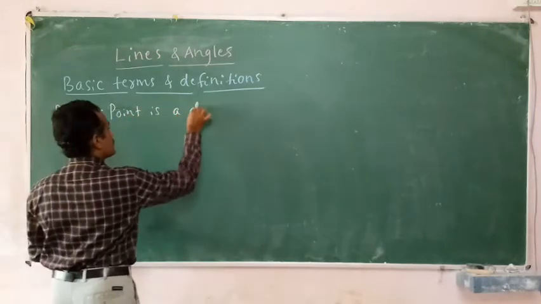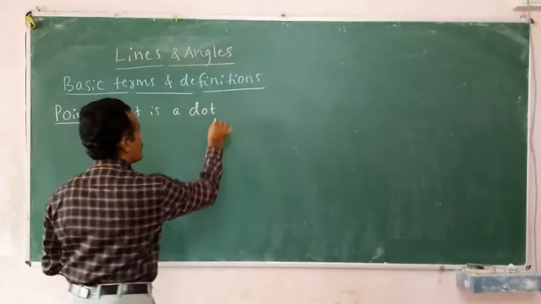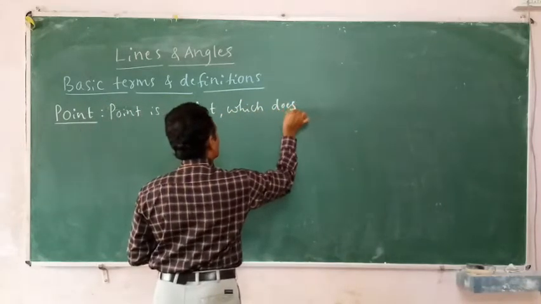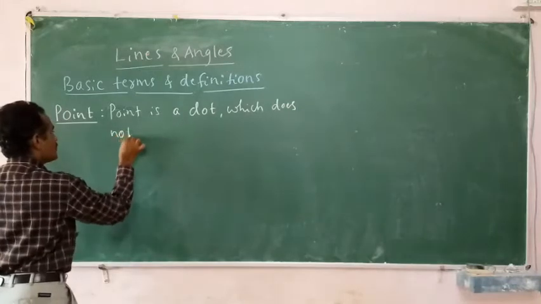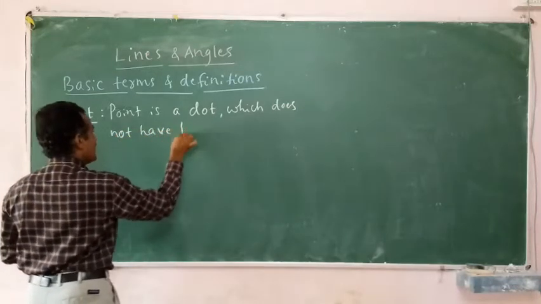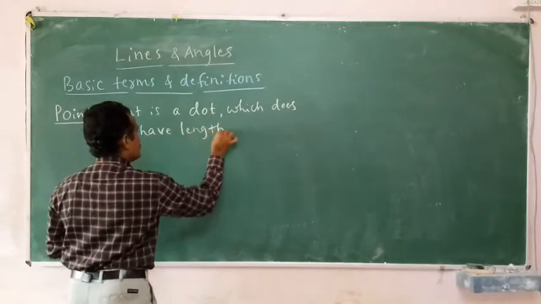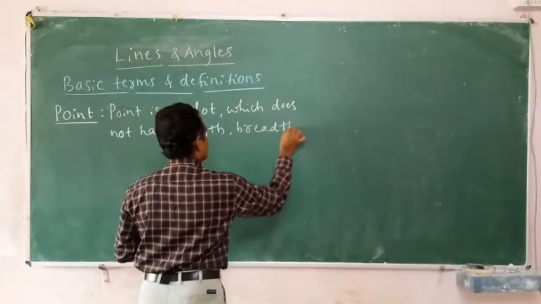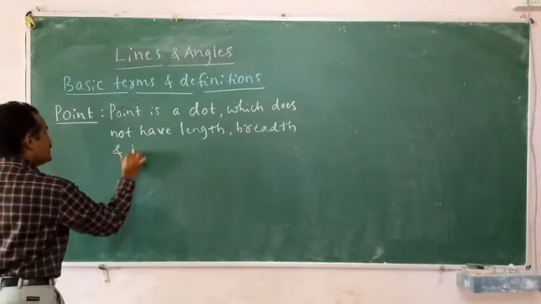is a dot. Point is a dot which does not have length, breadth and thickness.